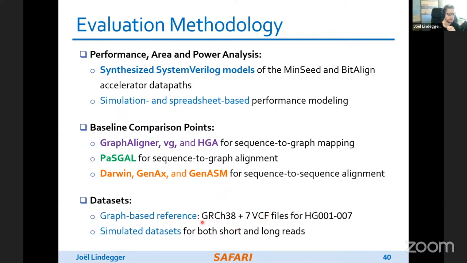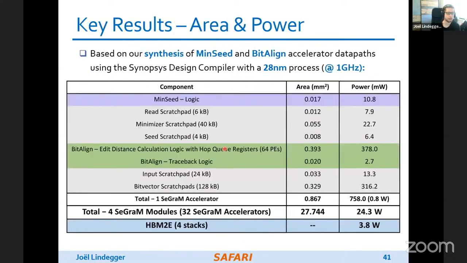Then we have the human reference genome and VCF files as the graph reference. VCF files are, I think, variant calling files. Essentially, they contain the list of all known variants that you're considering in your graph, and then you build the graph from the human reference plus these variants. And then we have a bunch of simulated reads, both short and long reads, that we evaluate with.